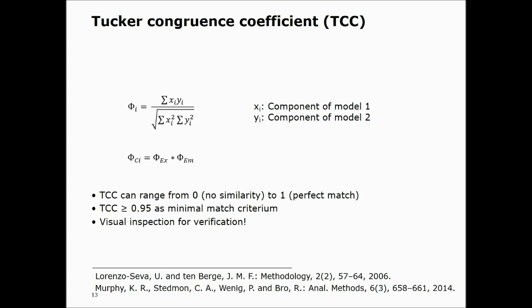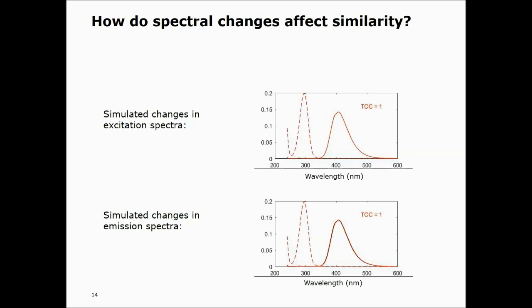And that is also an integral part of the database, right? If you remember how we could visually inspect the matches that the database would come up with, this is where this part comes into play. So, to demonstrate, I'm just going to show you two different animations where we simulate changes in the excitation and the emission spectrum.